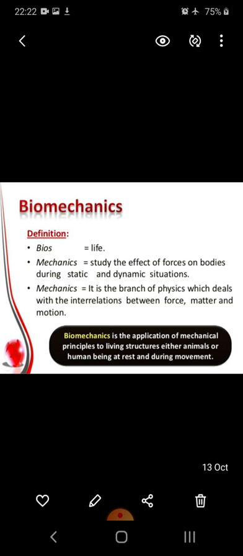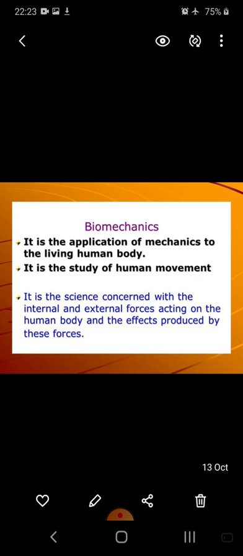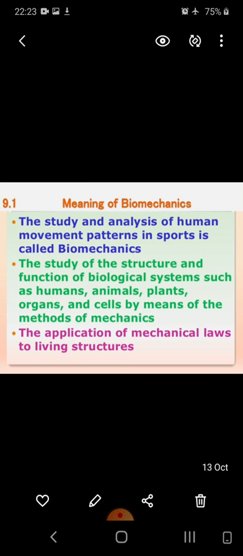Now we will discuss one definition by Bartlett R. The study and analysis of human movement patterns in sports is called biomechanics. This is the definition given by Bartlett R. As a matter of fact, it can be said that biomechanics is the study of the body as a machine.